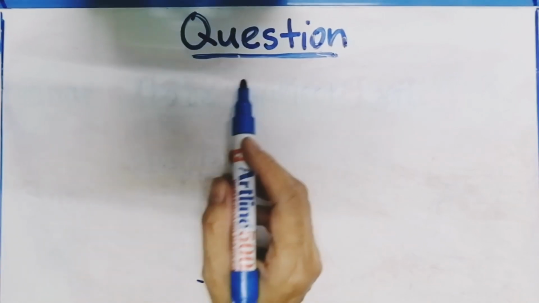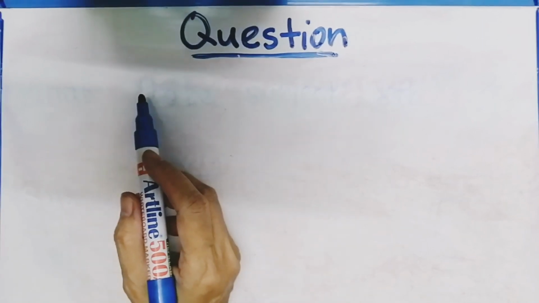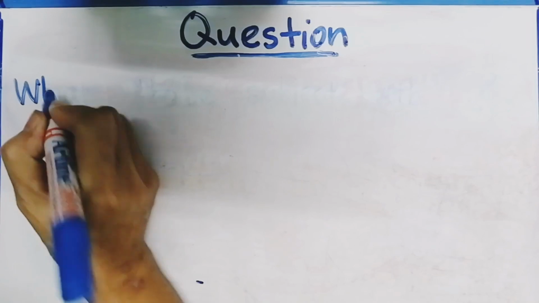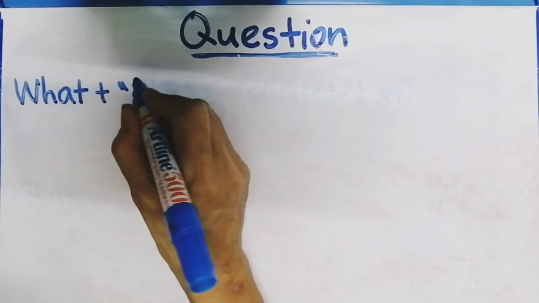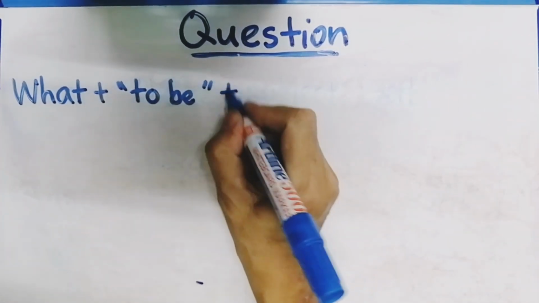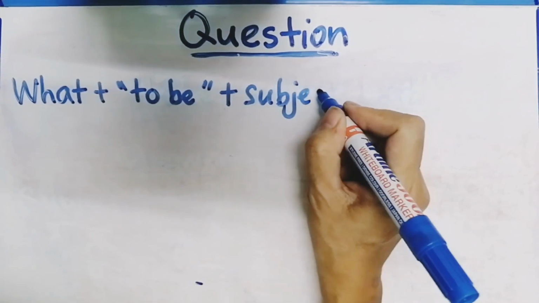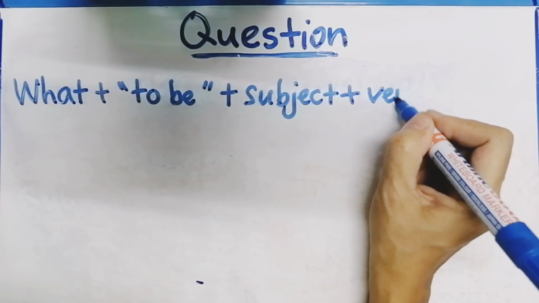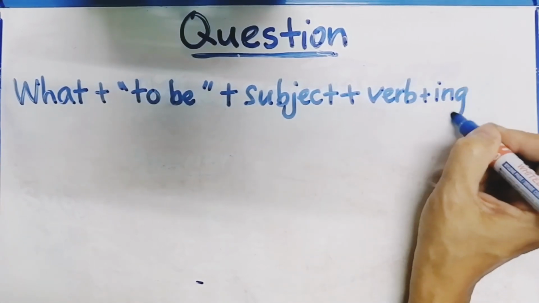In order to form the question correctly, you need to remember the question order. Begin your question with what, then the verb to be, followed by the subject, and verb with ing.